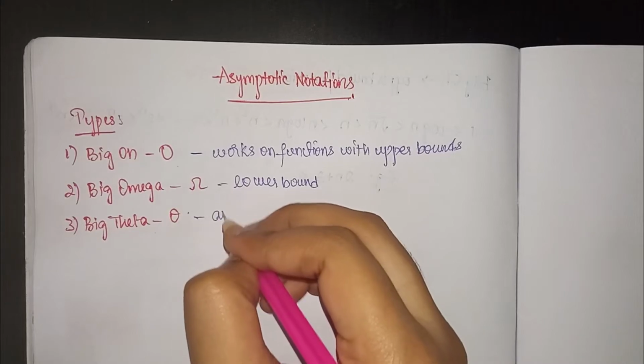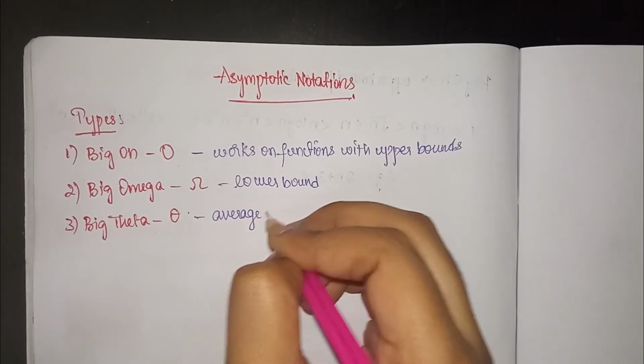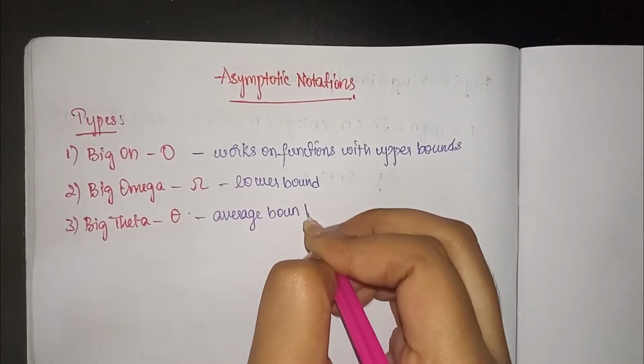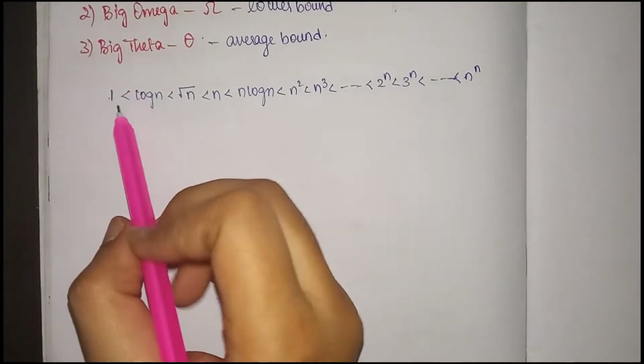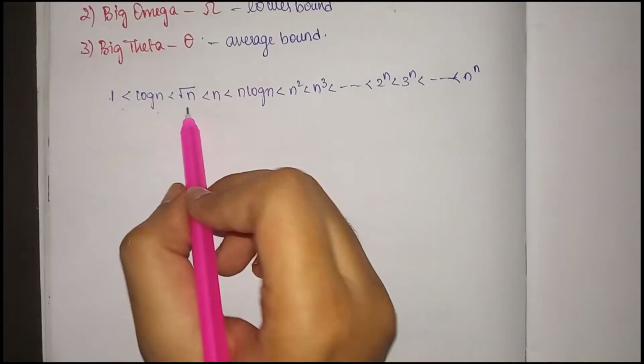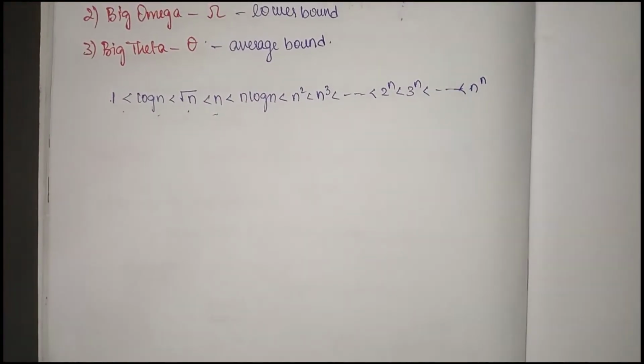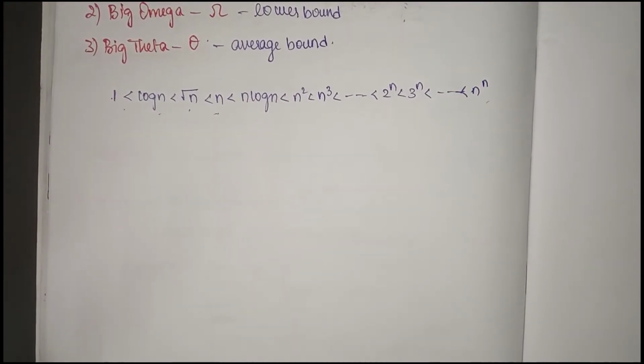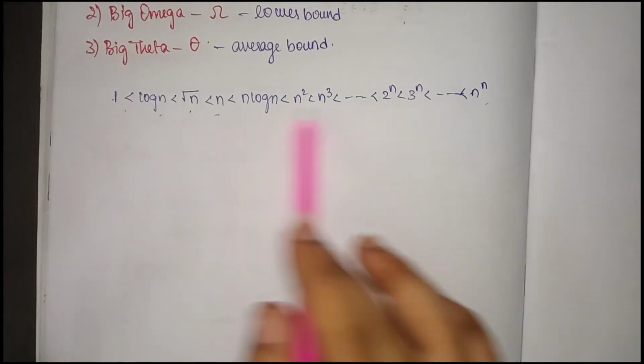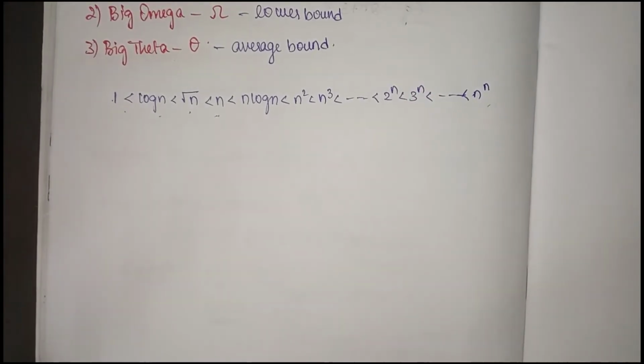And this theta works on average bound. Now here I have 1 is less than log n, less than root n, less than n, and so on, up to n power n. This is a statement which I have. I'll tell you why we use this in the future.